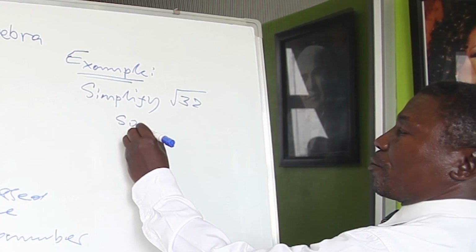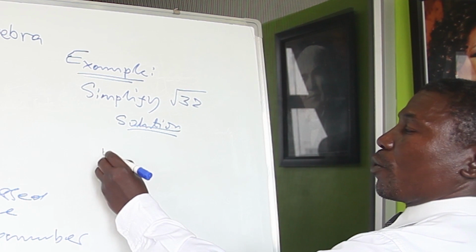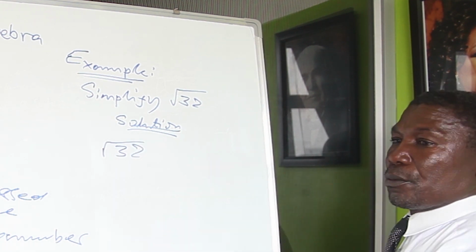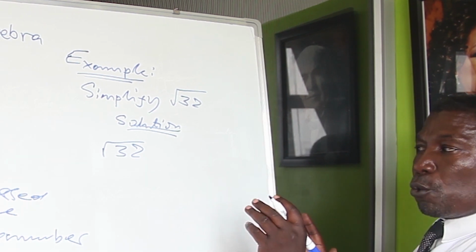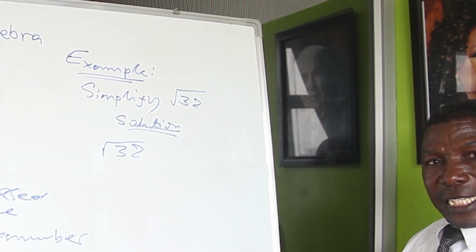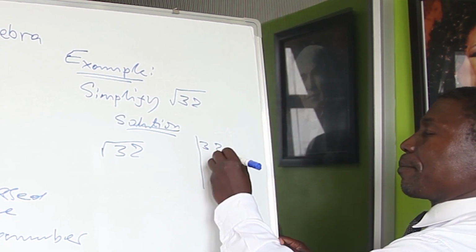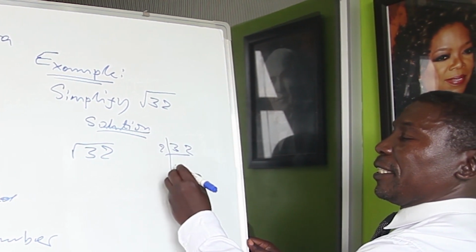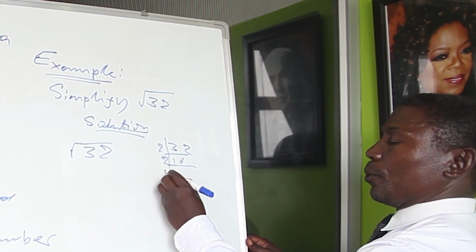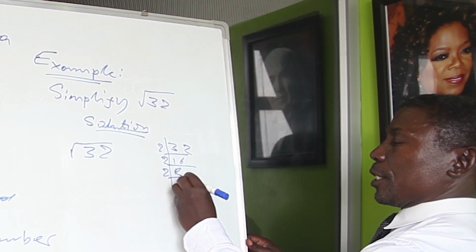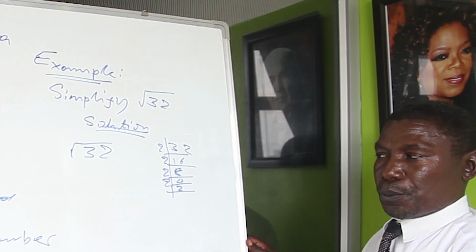The solution: the square root of 32. We have to recall what we studied in earlier levels, that 32 can be expressed as a product of factors, 2, this is 8, that is 4, that is 2.